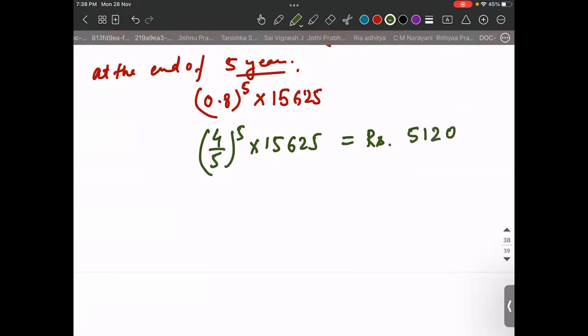See how you should do these type of problems, see at the end it is 5. So what you can do is 4 to the power of 5 into 25 into 25 into 5. That's how you can write 15625, and you can do calculations like that.